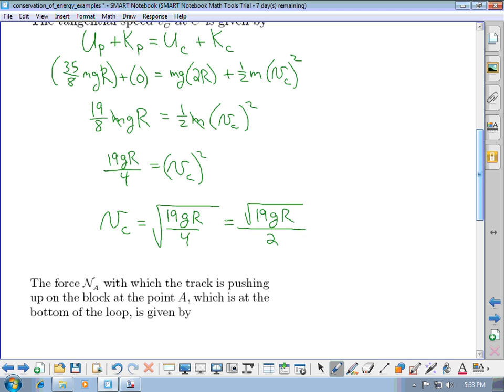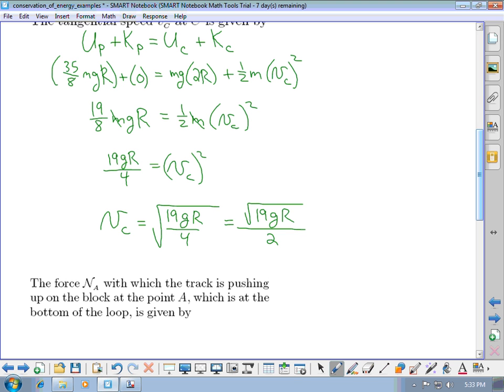Again, this is why it's important that if you're writing this out, if this was on the AP test, you make it clear what things are underneath the square root and what things aren't. Because if you have the square root of 19gR divided by 4, and the 4 is not inside the square root, then that's a completely different answer.